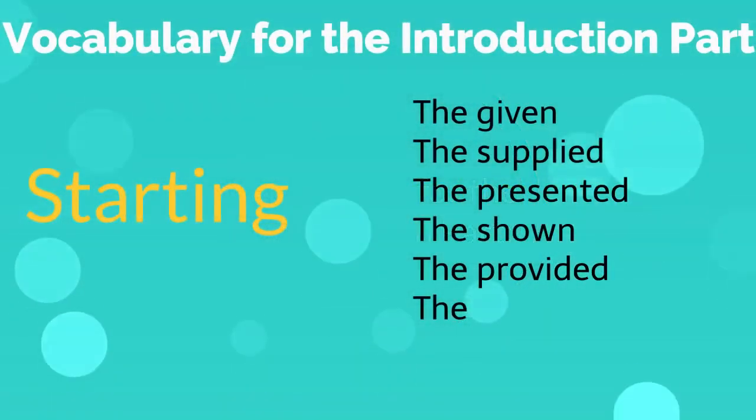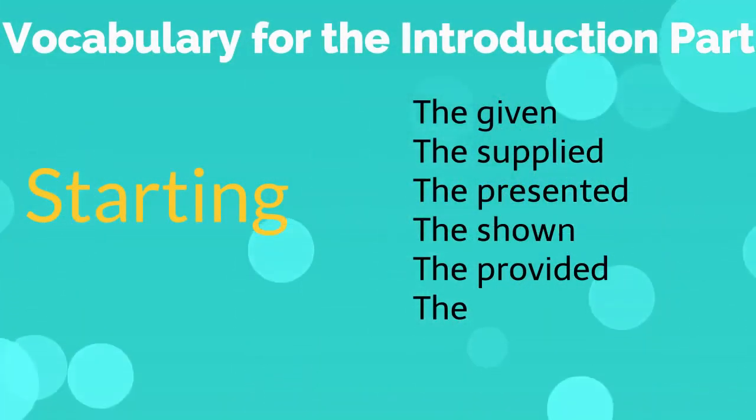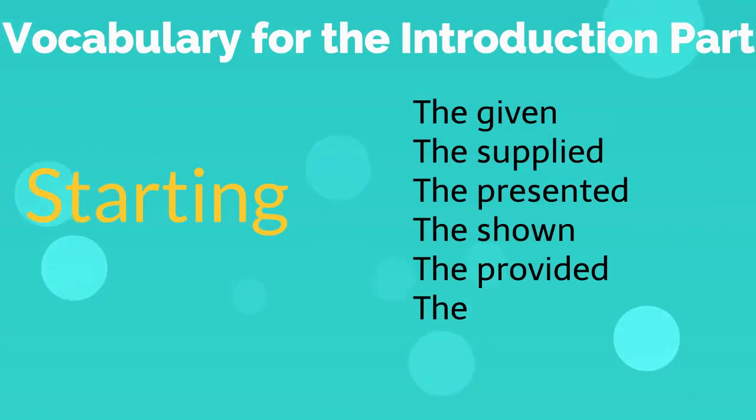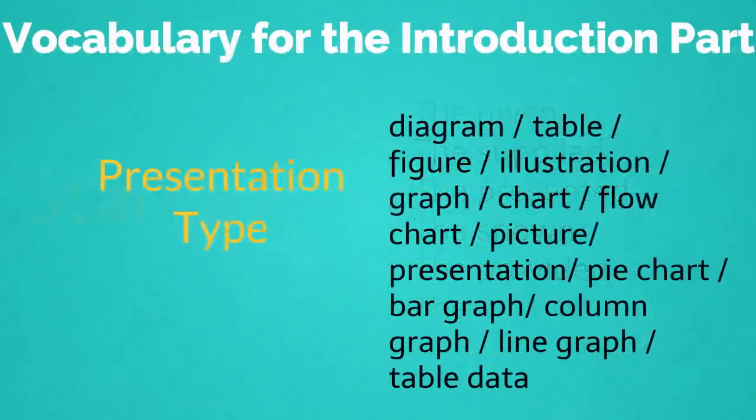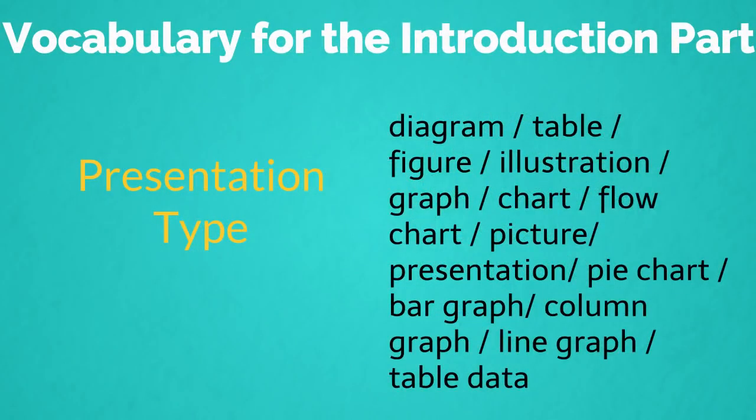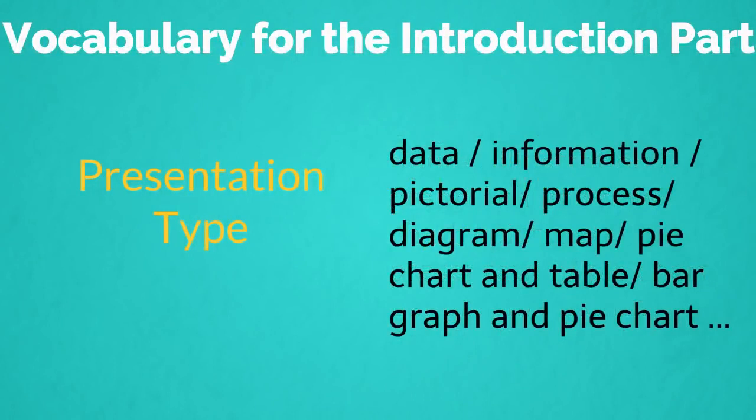Starting: the given, the supplied, the presented, the shown, the provided, the diagram, table, figure, illustration, graph, chart, flowchart, picture, presentation, pie chart, bar graph, column graph, line graph, table data. Data, information, pictorial, process, diagram, map, pie chart and table, bar graph and pie chart.